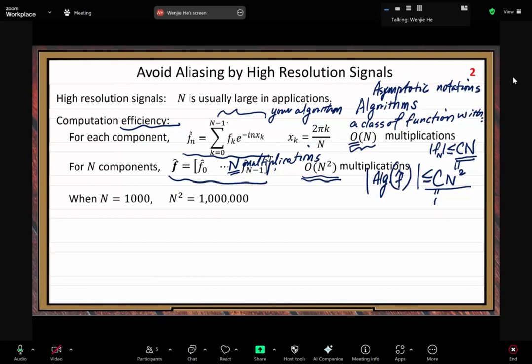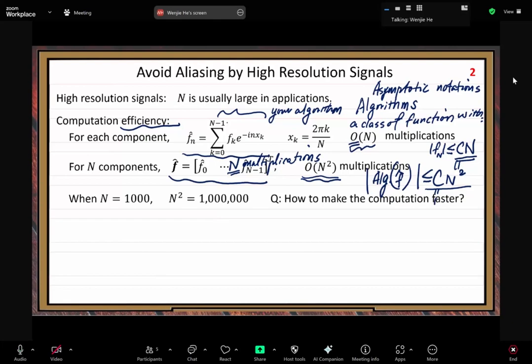But that is just one discrete Fourier transform, and usually you need to do many discrete Fourier transforms. Because the time cost is very high, you want to significantly reduce the time cost here.